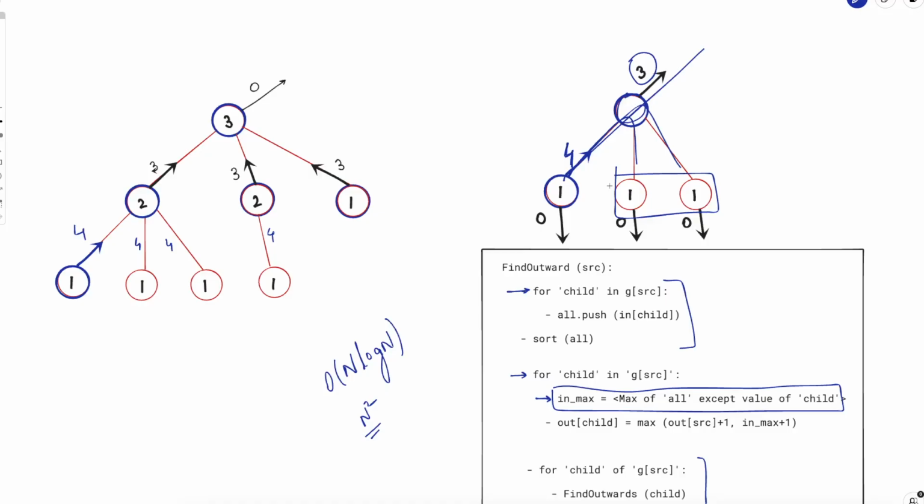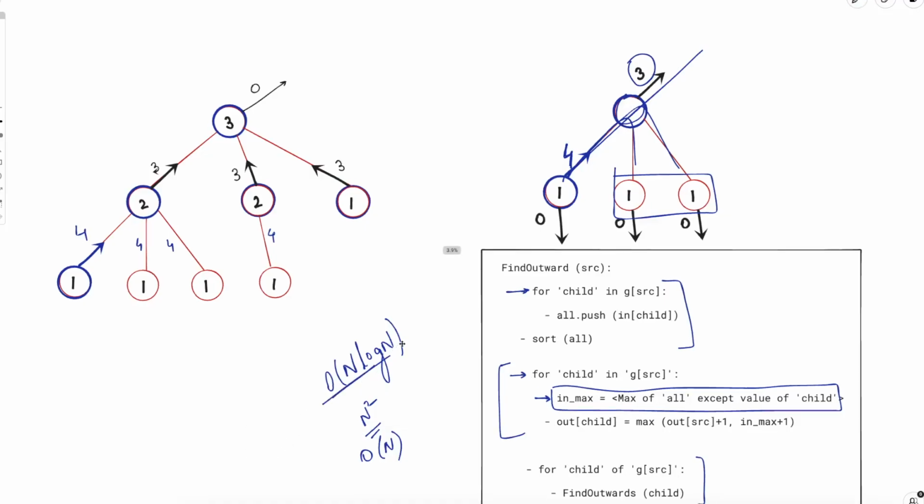So just think about it a bit. I'm very sure you will get it. Overall, this will also be simply order 1 for each node, and order n for this entire loop as well. So order n log n here, order n here, order n here, and the overall complexity is still order n log n.